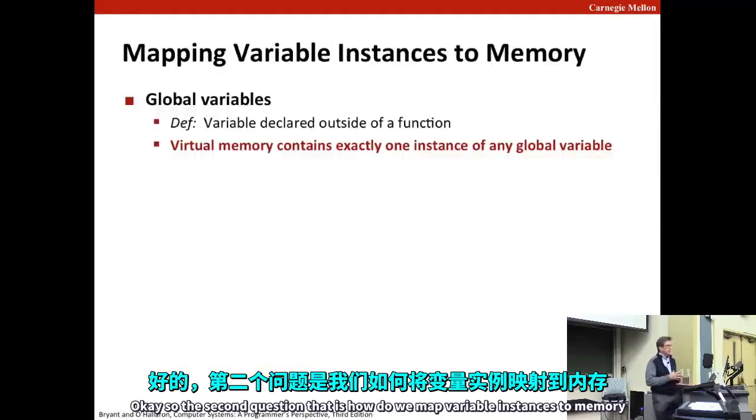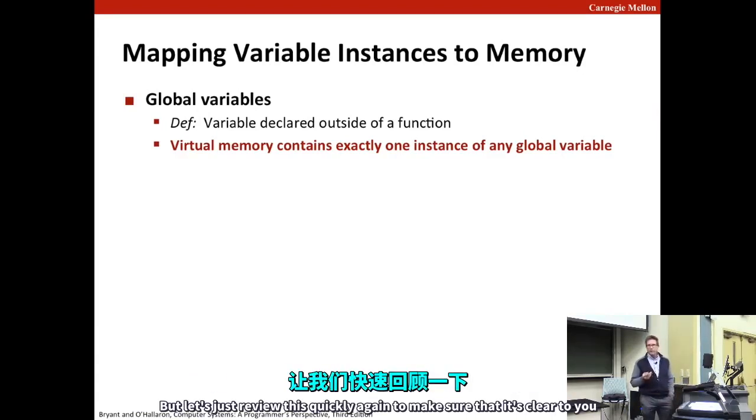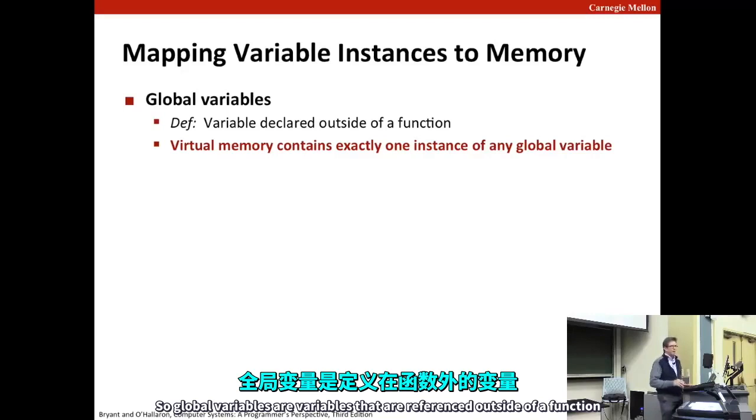Okay, so the second question then is, how do we map variable instances to memory? Now we looked at this when we studied linking, but let's just review it quickly again to make sure that it's clear to you. So global variables are variables that are referenced outside of a function.